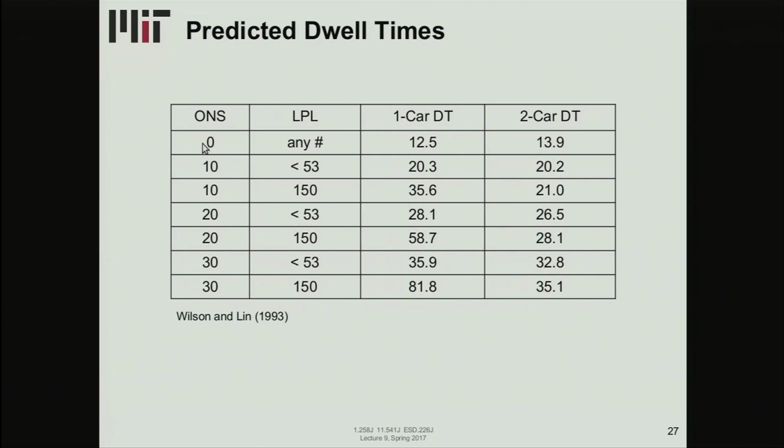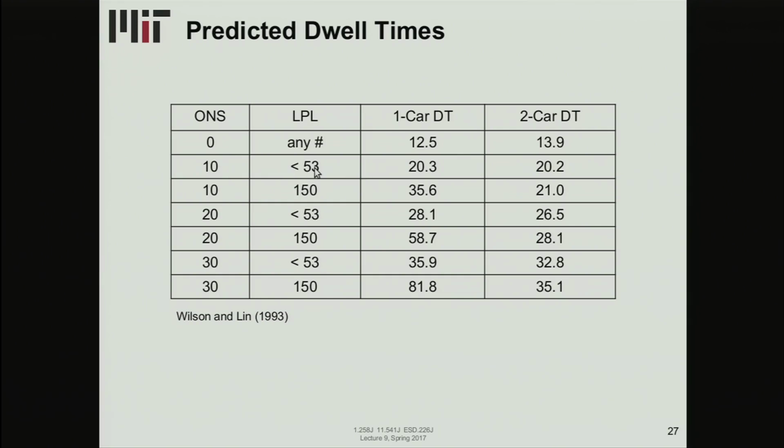Here's a table of the results from that model for the number of people getting on. So this is using the model to forecast. These are not observations. So if you feed 0 people getting on, you just get the constants, right? If you feed the model 10 people getting on, it depends on the load on the model.